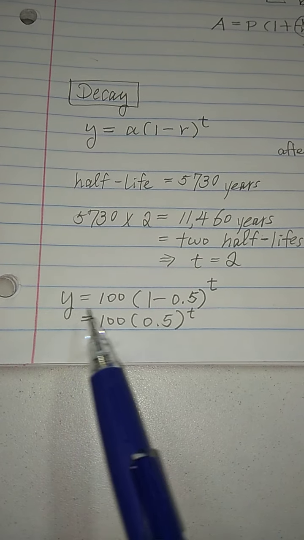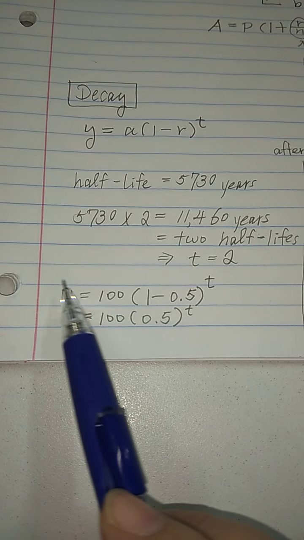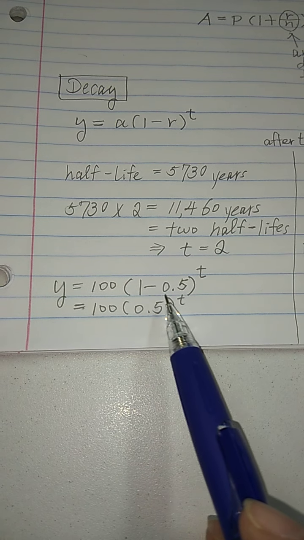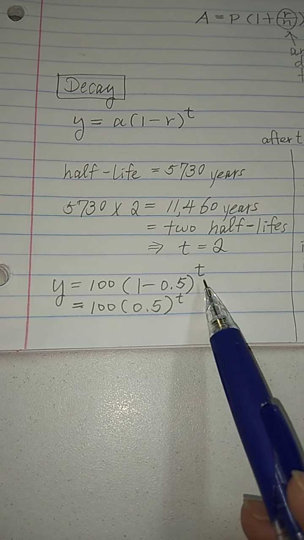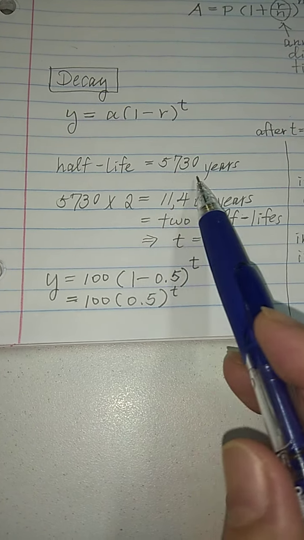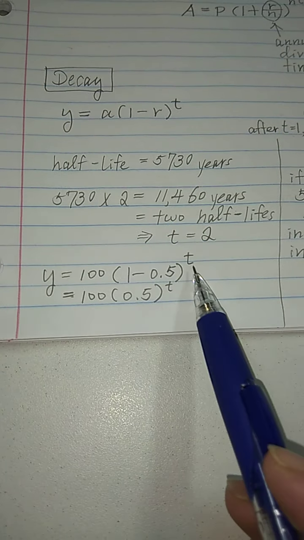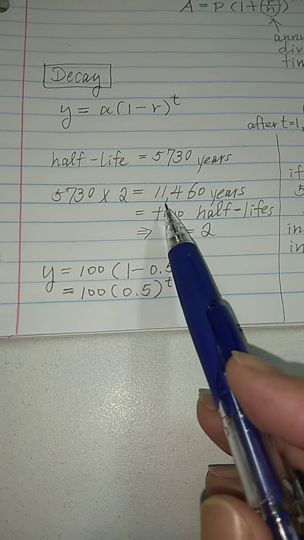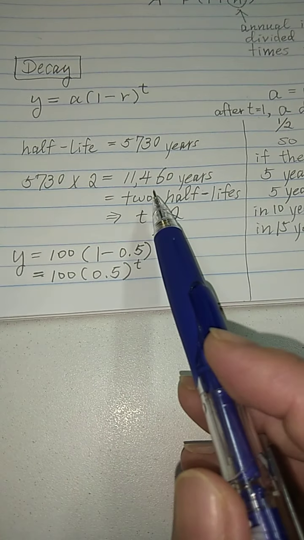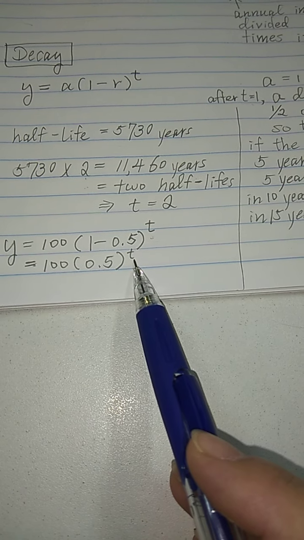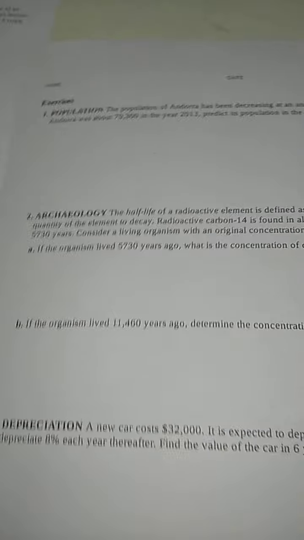The amount is calculated like this: 100 is the starting point, and then you have 1 minus 0.5, and t is the number of cycles. If it's this long a period, then t is only 1. If it's this long, which is in the question, we're talking about 2 cycles, so t is 2. That's basically how you do these questions.